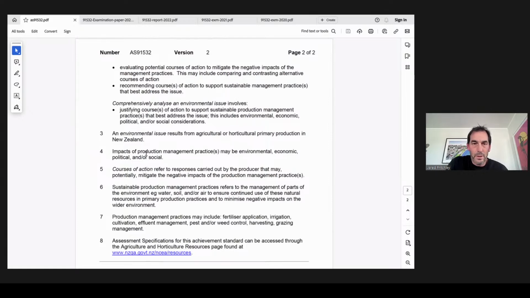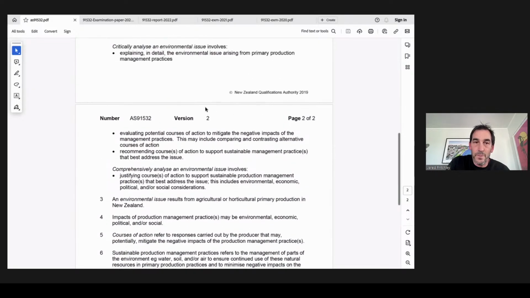Impacts of production management practices may be environmental, economic, political, and social, and we've covered how we're going to try and allow for those. And earlier on, we talked about the issue that exists from our greenhouse gases, the fact that we've got these greenhouse gases, and that's obviously a negative thing.